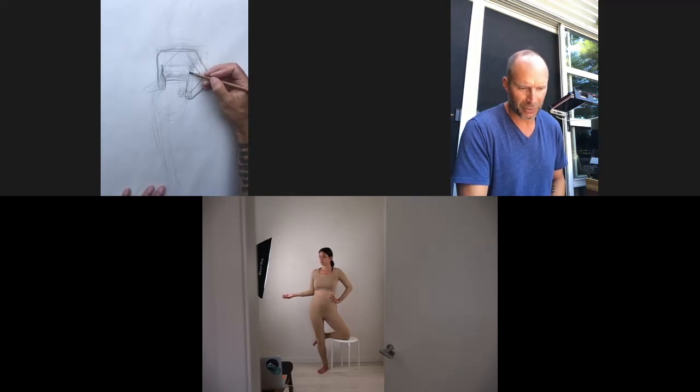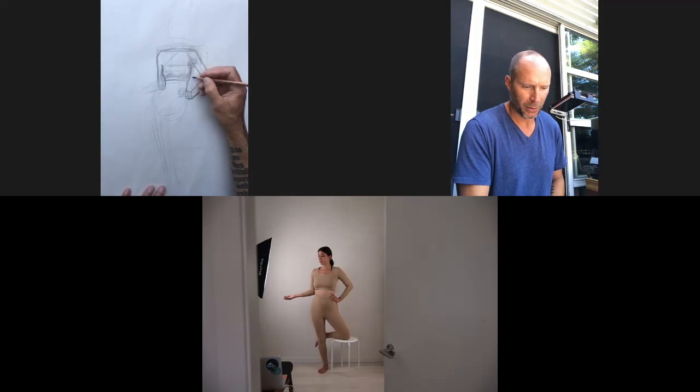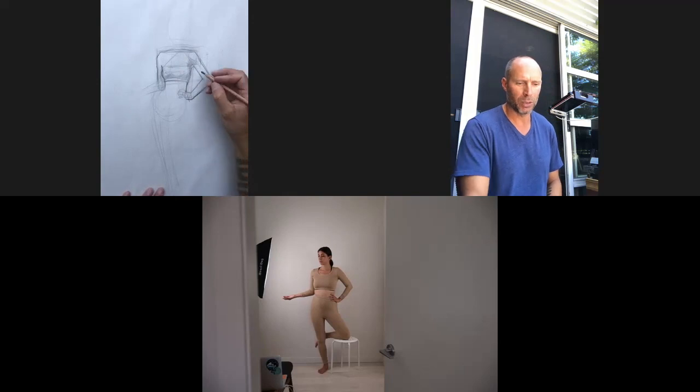Right, and this basically just supplements the other stuff that we've been doing. So it isn't an entirely separate way of developing the pose. It's another tool that is incredibly useful depending on what it is that you're trying to do.